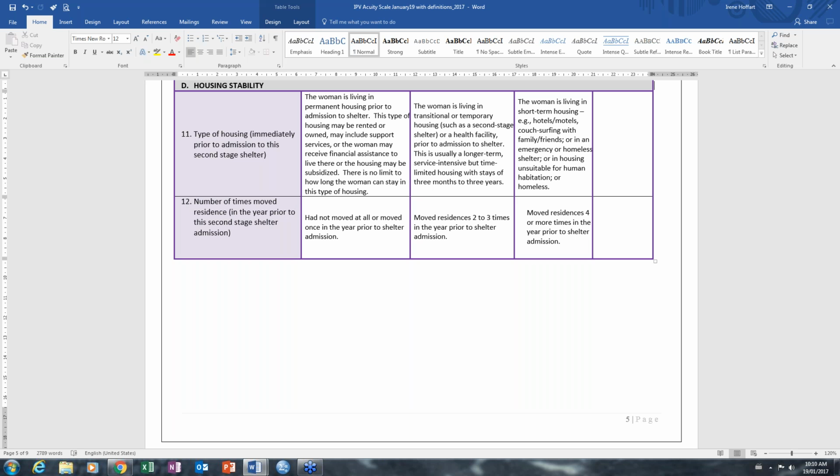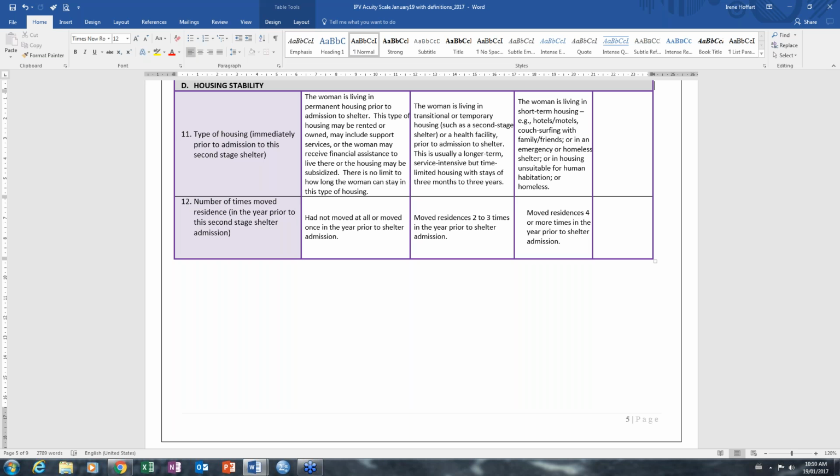So her immediate housing prior to moving into second stage would have been couch surfing with family or friends. So that would get a score of 5. Or if she was homeless, that would also get a score of 5. Or if it's housing, note that we added here, housing that's unsuitable for human habitation. So sometimes when you get a permanent housing, but you cannot live there because it's just not safe, that would also get a score of 5.